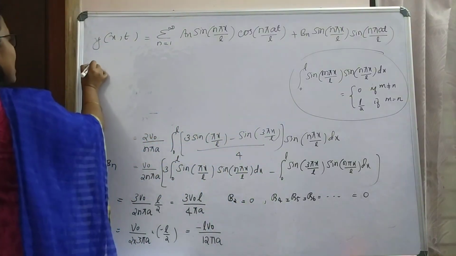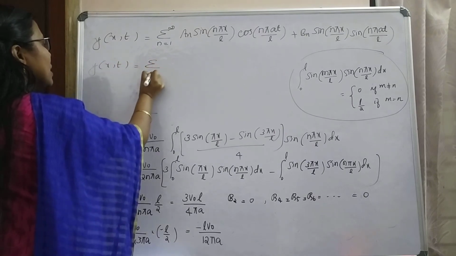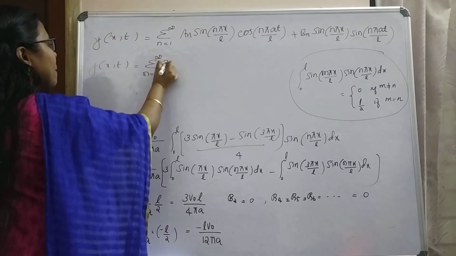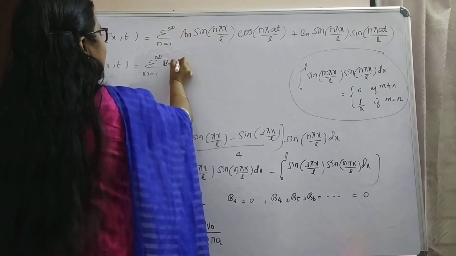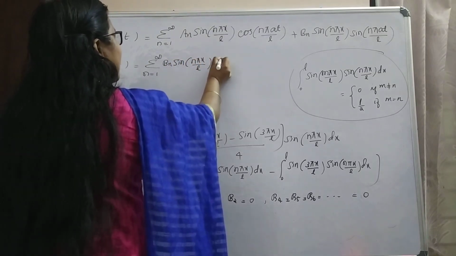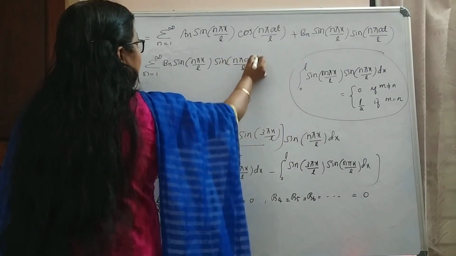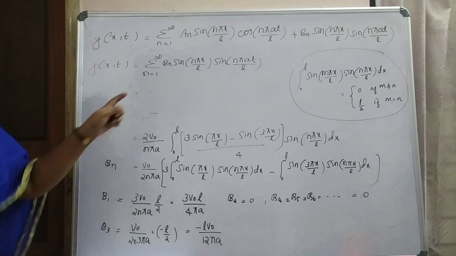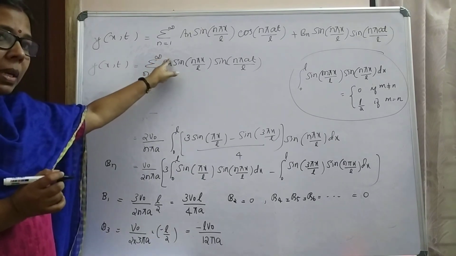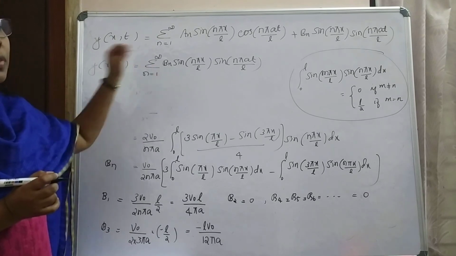That is y of x comma t equal to sigma n equal to 1 to infinity bn sin(nπx/L) sin(nπat/L). Here sigma n equal to 1 to infinity means it is a summation of n equal to 1 to infinity.